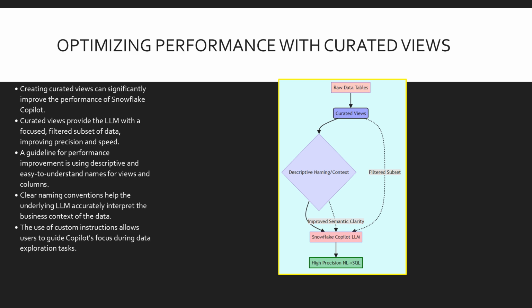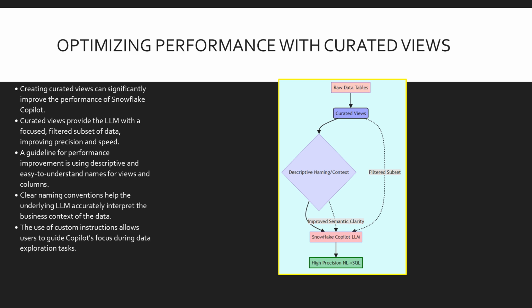This diagram visually represents how leveraging curated views improves Snowflake Copilot's performance and accuracy. The foundation is the raw data tables, which often contain vast amounts of technical or complex schema details. By creating curated views, you effectively filter and focus this massive, complex data into a simplified, purpose-built subset that is immediately more relevant to business questions. These views are then overlaid with descriptive naming and clear semantic context.